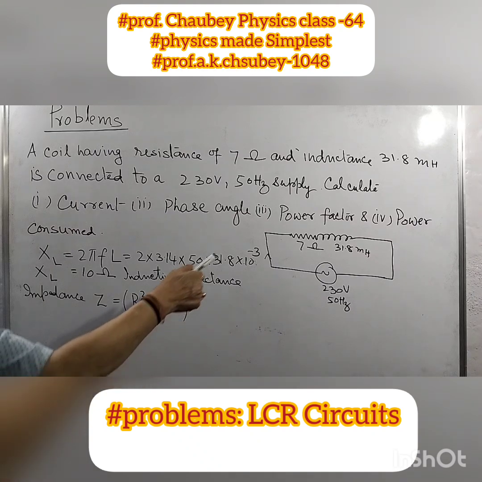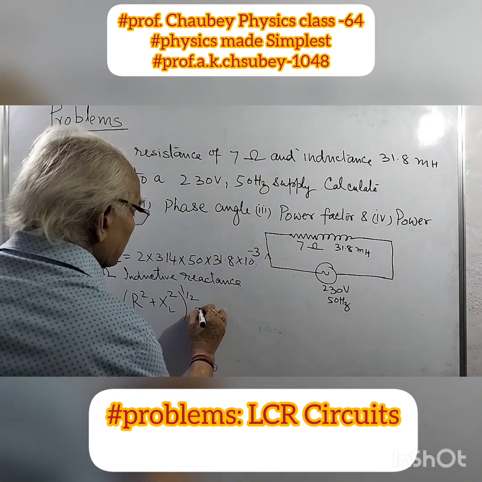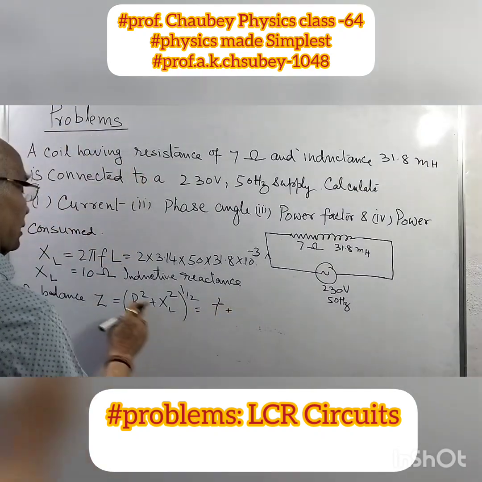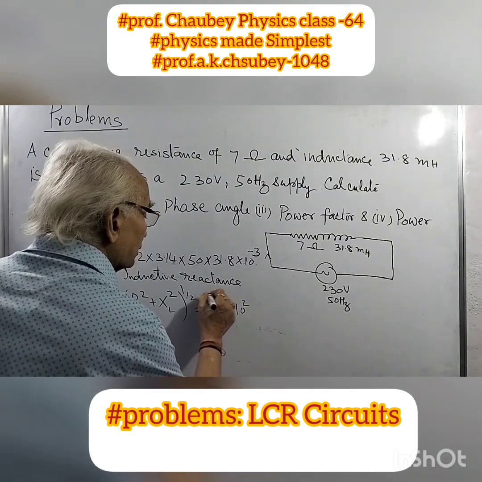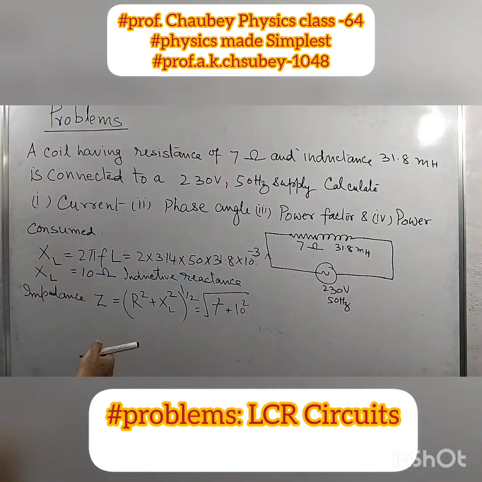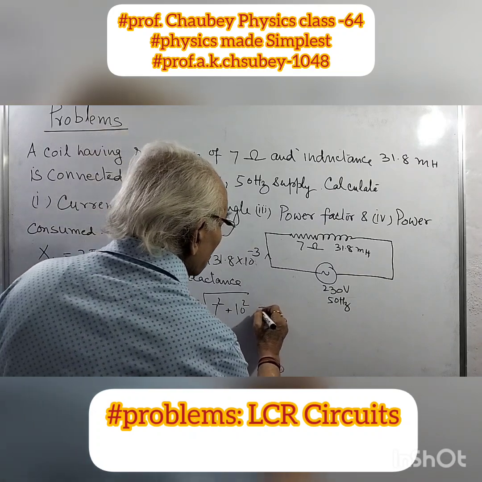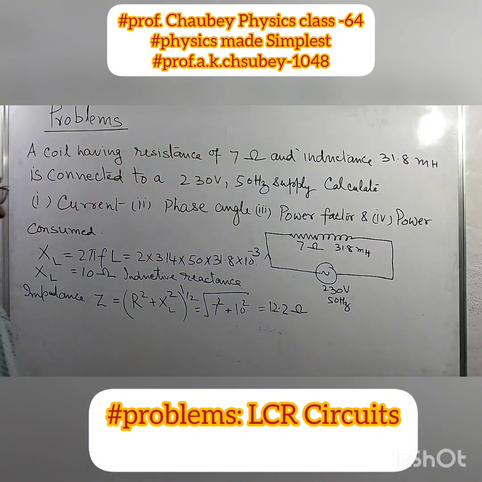So R square means 7 ohm square, so this becomes 7 square plus XL is 10 ohm, 10 square, and then the under root. Find out this. This will be impedance 12.2 ohm. Calculate this. 12.2 ohm. So I have done this part.